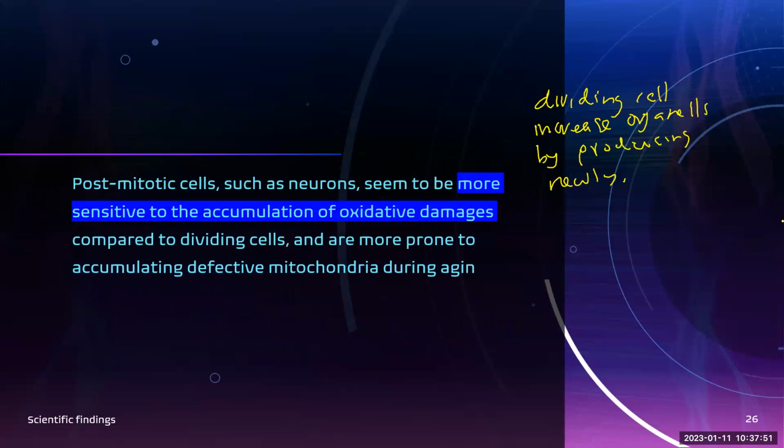Post-mitotic cells such as neurons seem to be more sensitive to the accumulation of oxidative damage. Post-mitotic cells more sensitive, right?